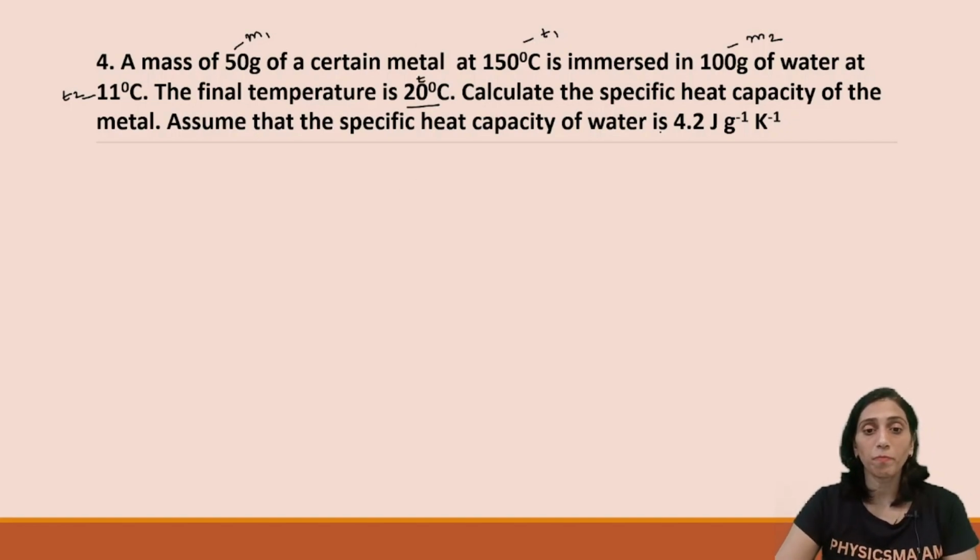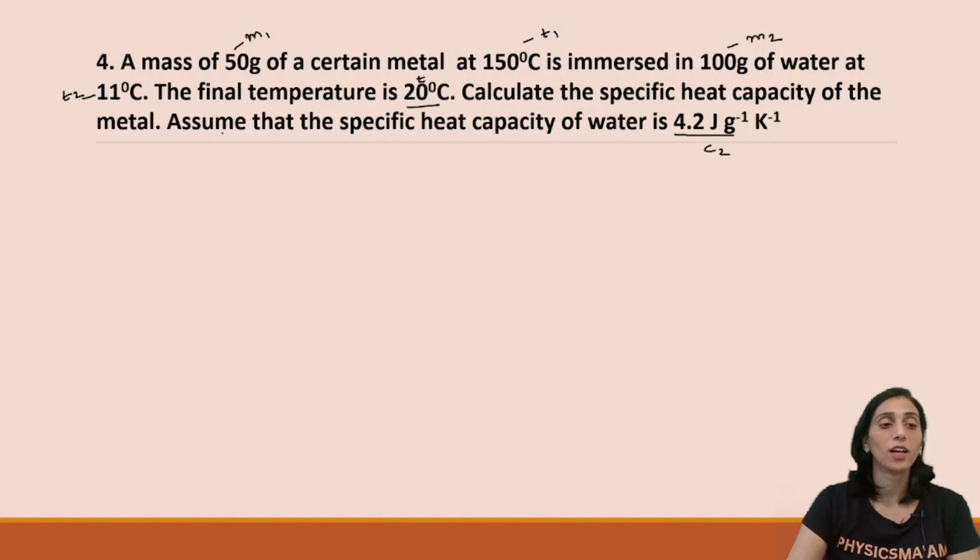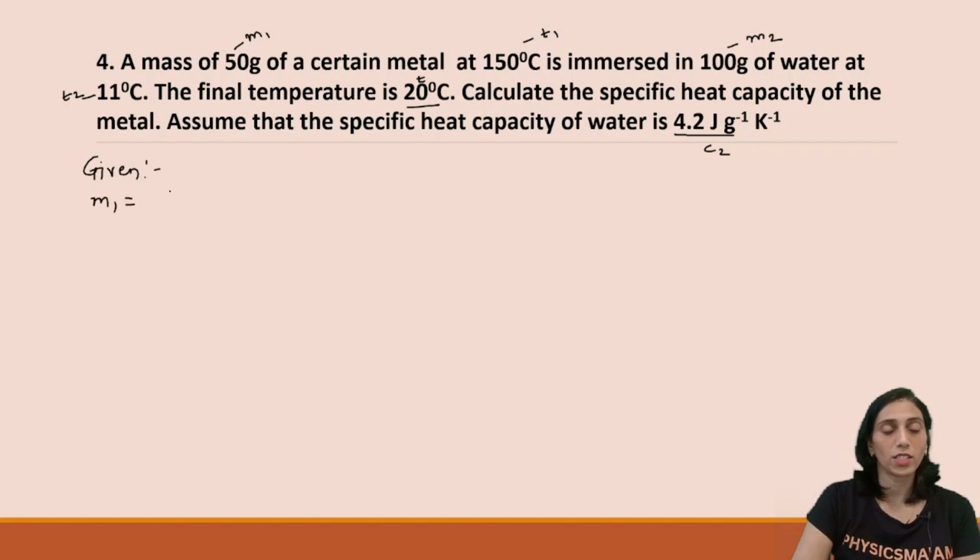अब ये क्या है, इसका ये है this is your C2, right? Now you have to calculate the specific heat capacity of the metal. तो C1 हमें find out करना है, C2 हमें दिया हुआ है, right? I will write down the quantities first. So I'll write M1 is equal to 50 grams and please observe the units used.